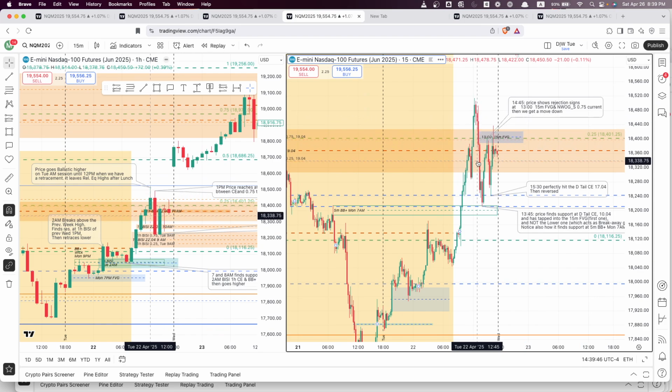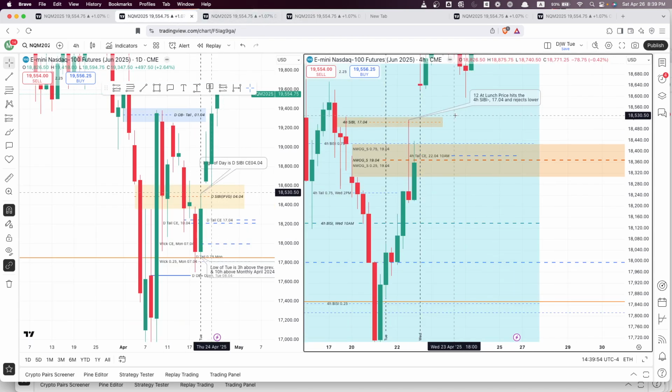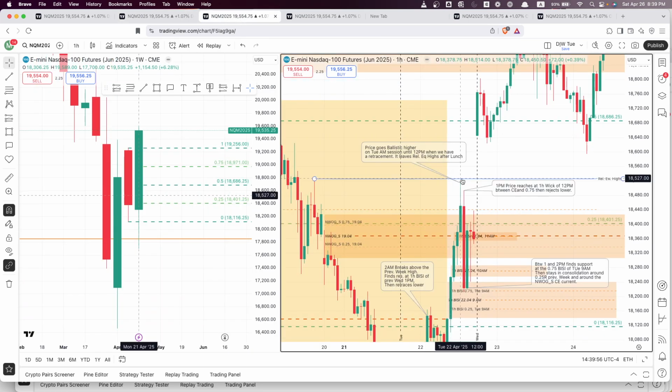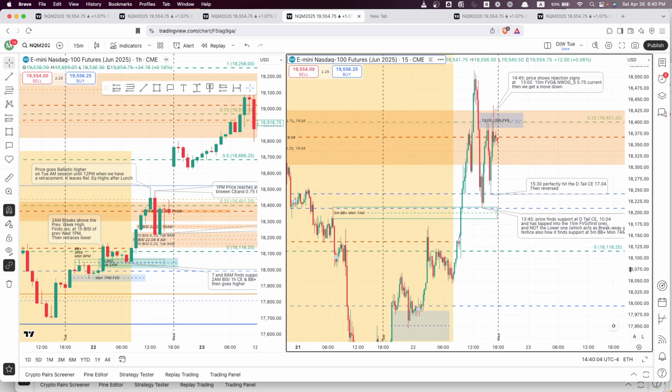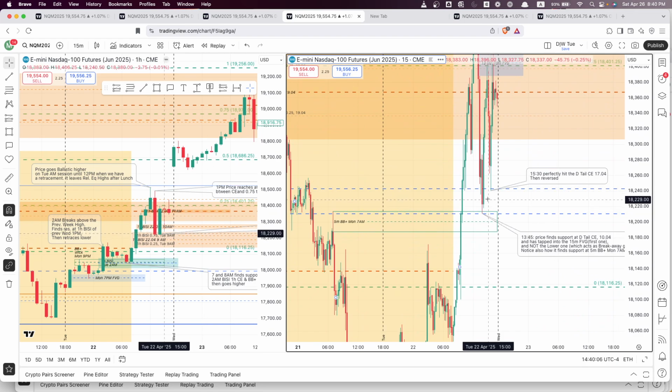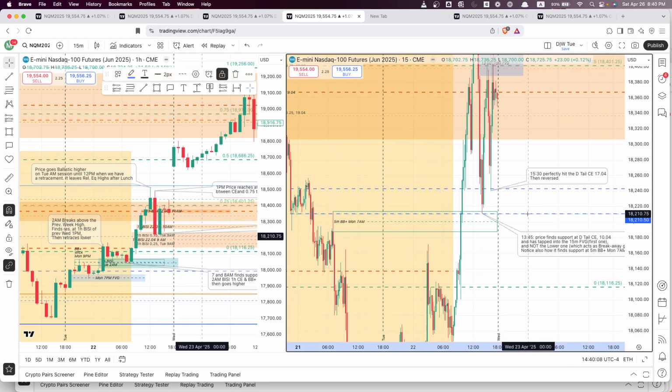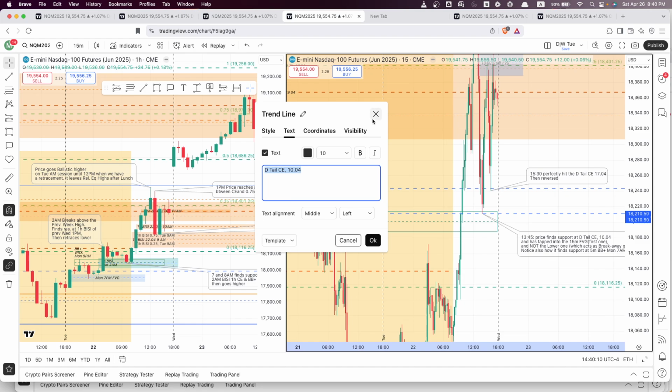we have this CB, so market structure shift, after we rejected at the 4 hour. So here we had this rejection, and on the 1 hour as well. So this is a short, and we can target this area, and notice how it perfectly comes to hit the daily tail CA.